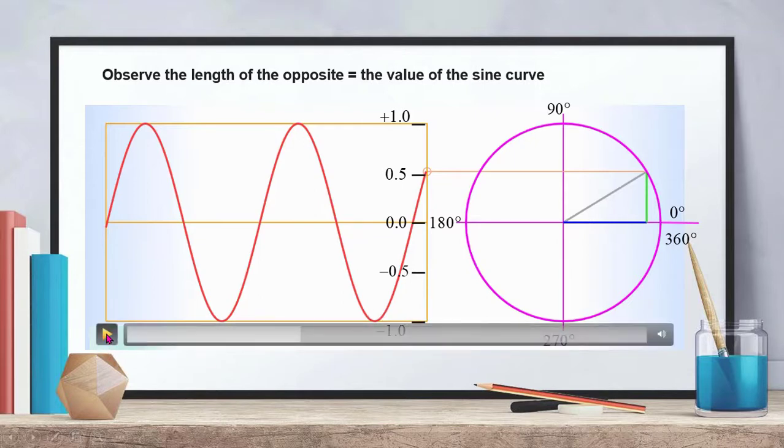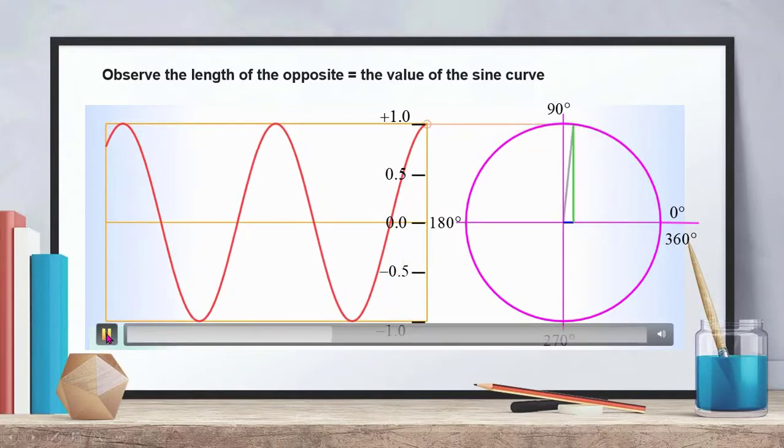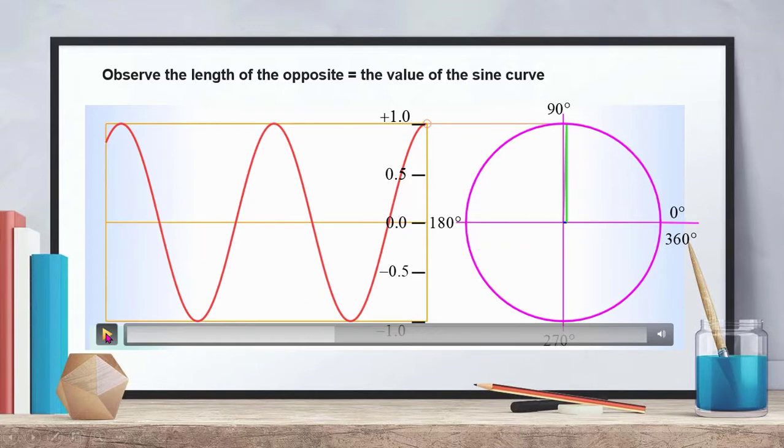Watch again. The length of the opposite side here is almost equal to 1, and the value of the sine curve is also almost equal to 1. Watch again, please.